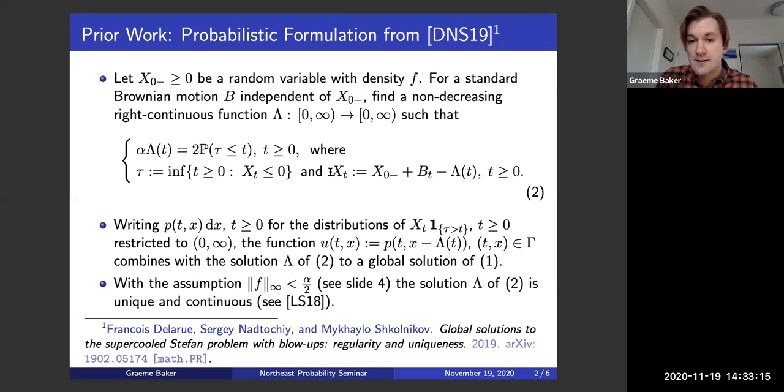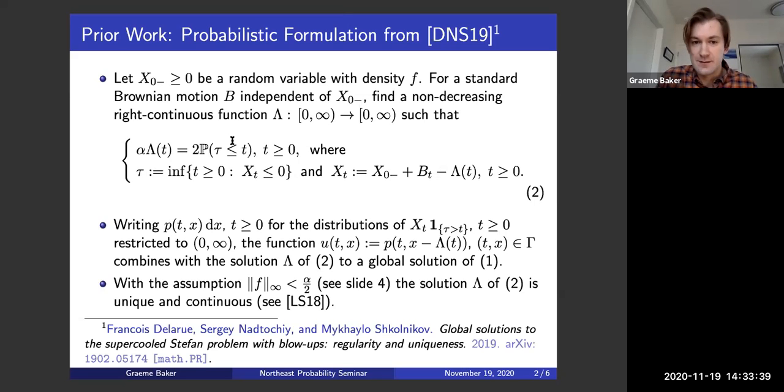X is a Brownian motion starting at X0 minus, and it has drift lambda. You look at the stopping time tau, the first time that X hits 0. Then lambda is described by the probability at a given time that tau is less than that time.